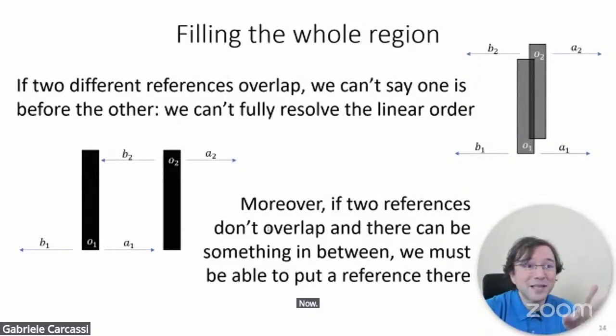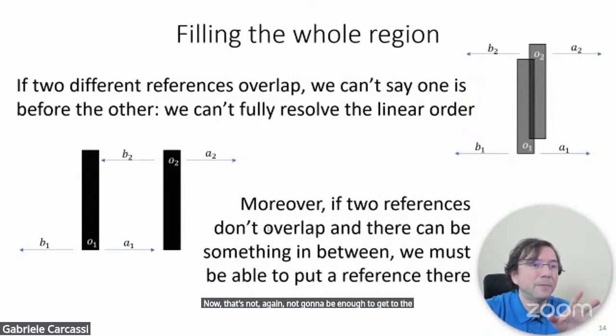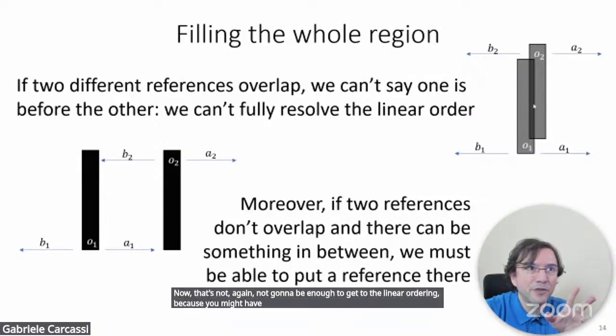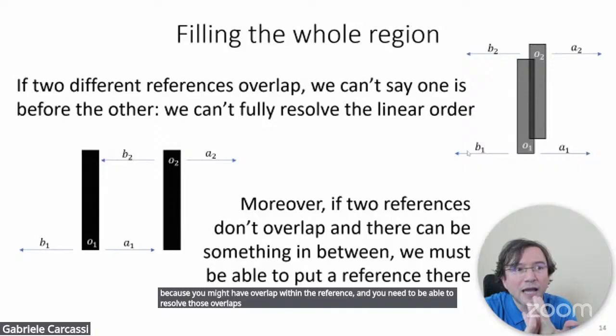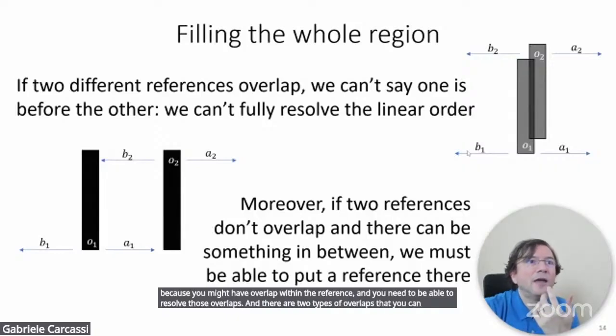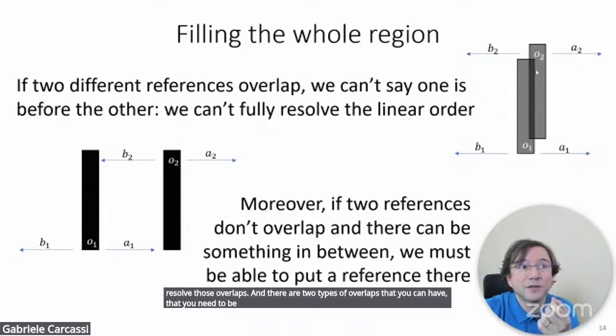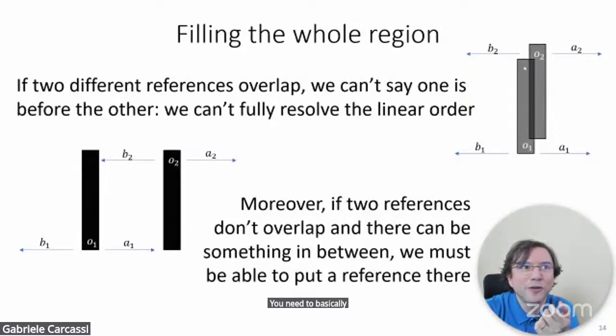Now, that's again not going to be enough to get to the linear ordering, because you might have overlap within the reference, and you need to be able to resolve those overlaps. There are two types of overlaps that you need to be able to resolve. The first is an actual overlap, where you need to distinguish whether you are on this part or on this part of the reference.